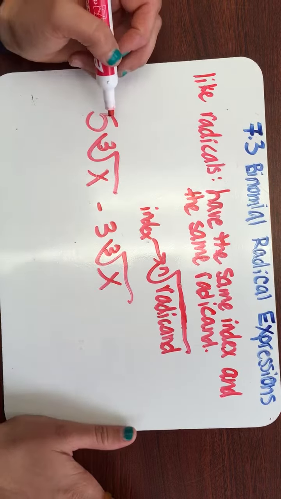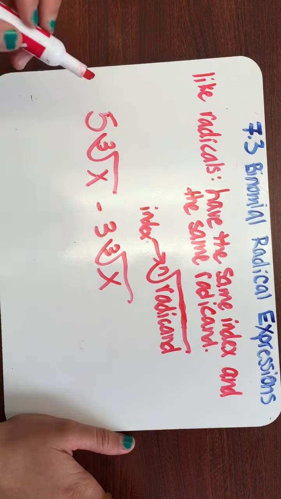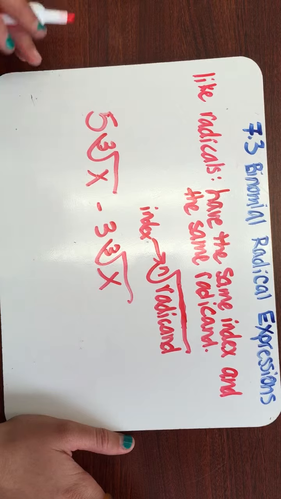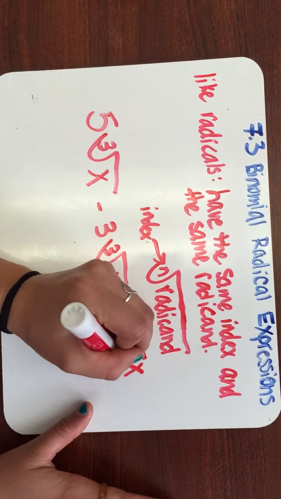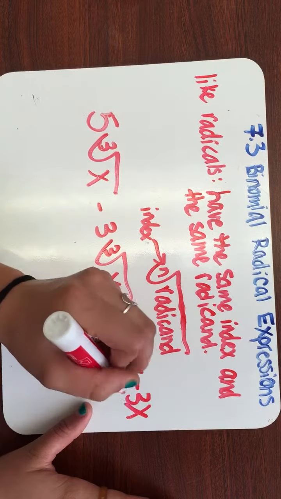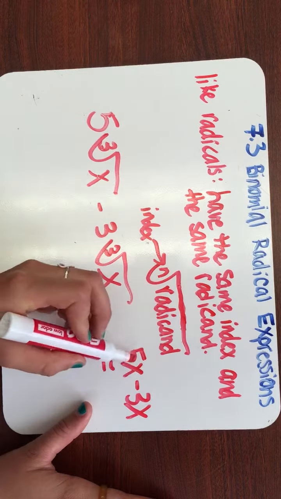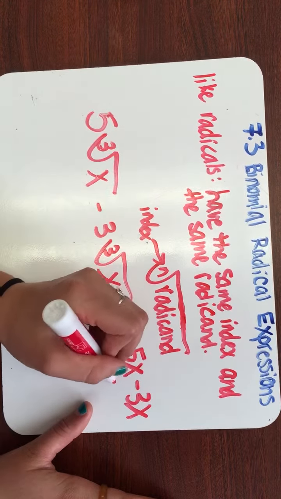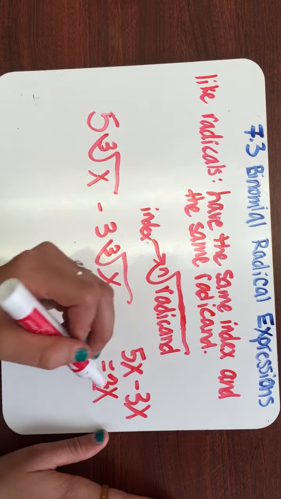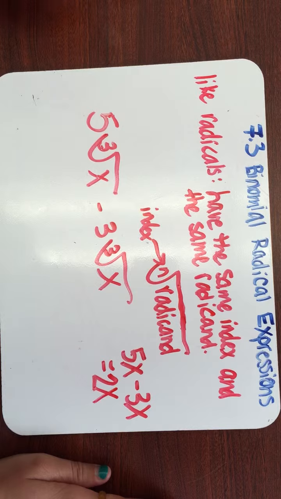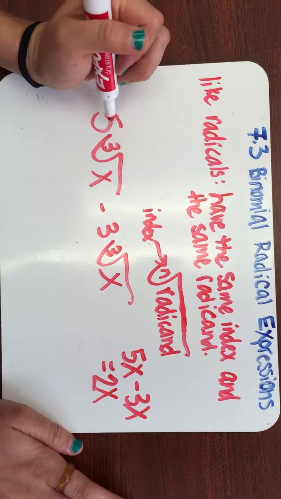So then what we're going to do is we're going to subtract our coefficients and keep the like radical. It's very similar to like terms. If I have a 5x minus a 3x, then we know that's equal to 5 minus 3. We subtract the coefficients, 2, and we keep the variable. So it's a 2x.